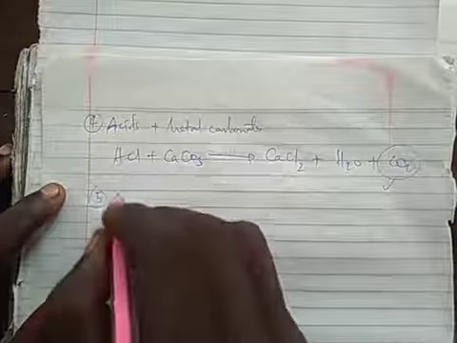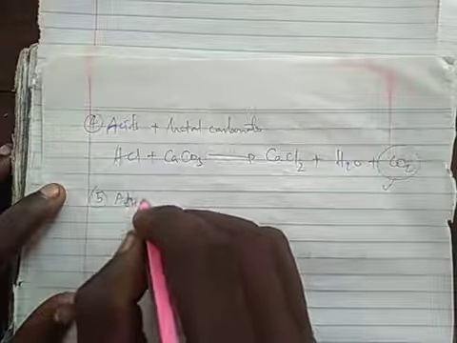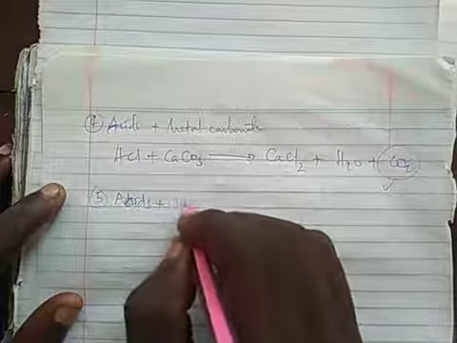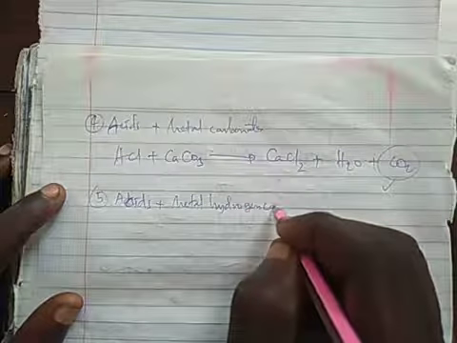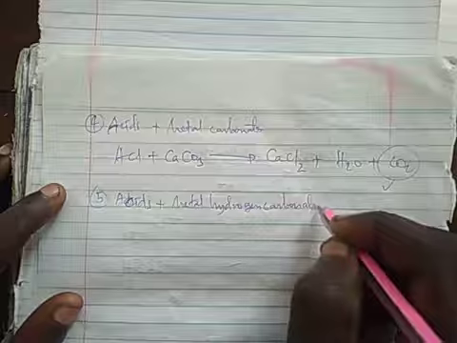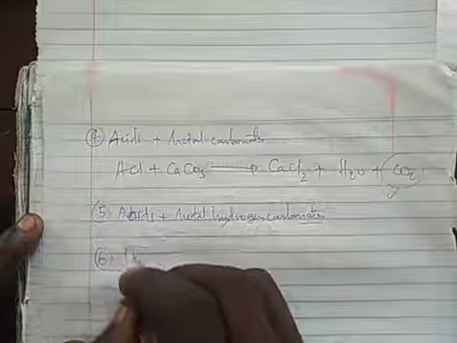But we also have other reactions which were not mentioned earlier. The reaction of acids with metal hydrogen carbonates behaves the same way as the reaction of carbonates. Then there is the preparation of salts by direct combination.